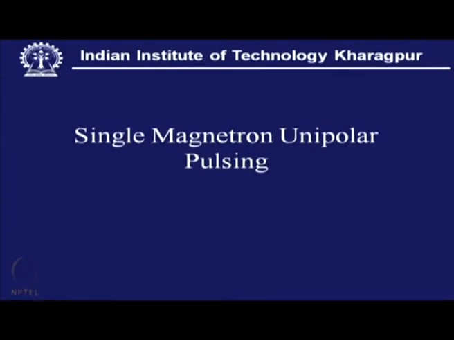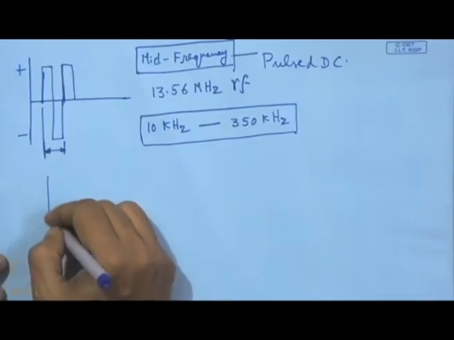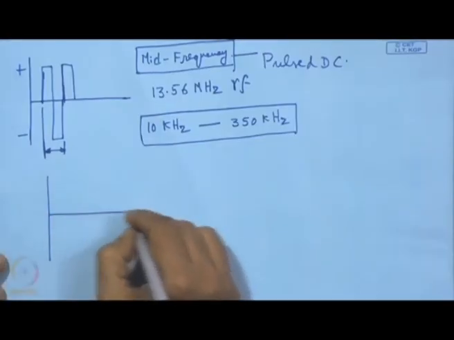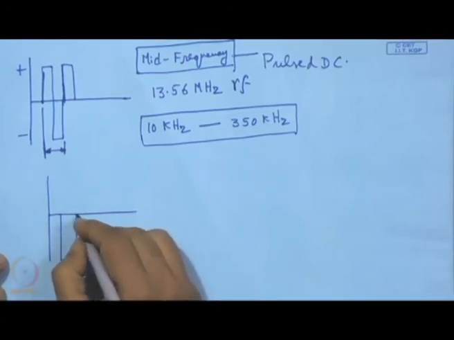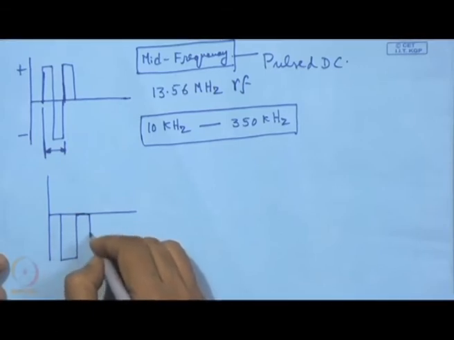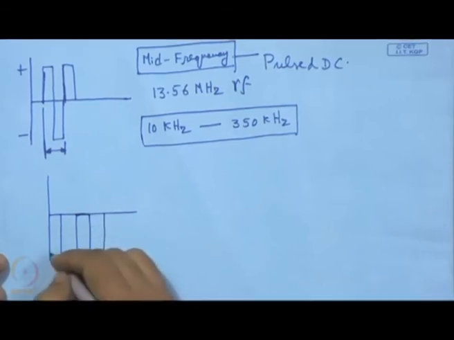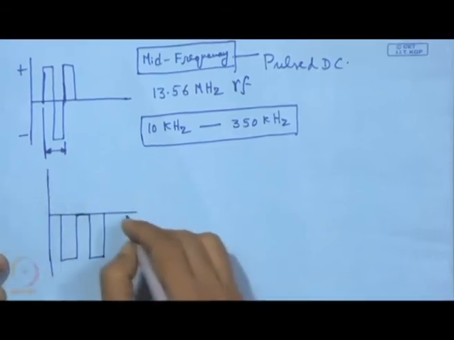Single magnetron unipolar pulsing. Now, single magnetron unipolar pulsing means this can be a form that goes to 0 and then it can go like that. The reason is as follows.